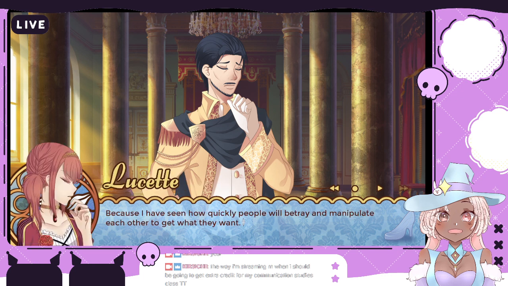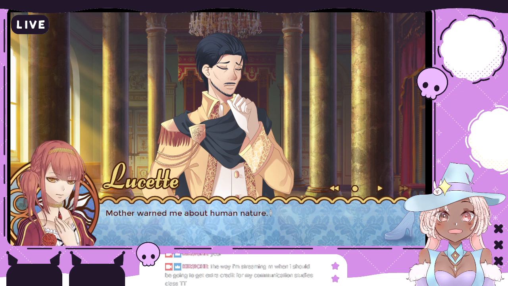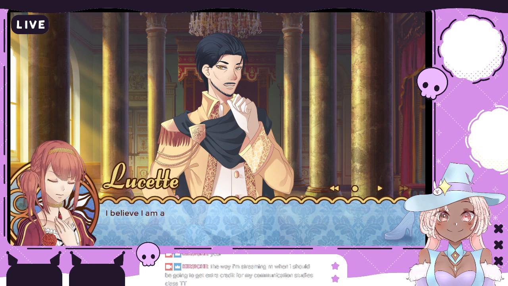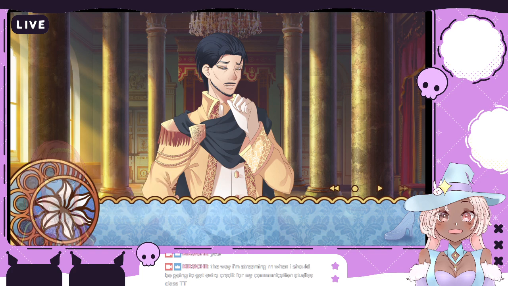Because I have seen how quickly people will betray and manipulate each other to get what they want. Mother warned me about human nature. We do not see clearly, Lucette. If you would only open your eyes, you would be able to see how good people really are. I believe I'm already quite capable of seeing the true nature of people. After all, I have seen there is no good in you.